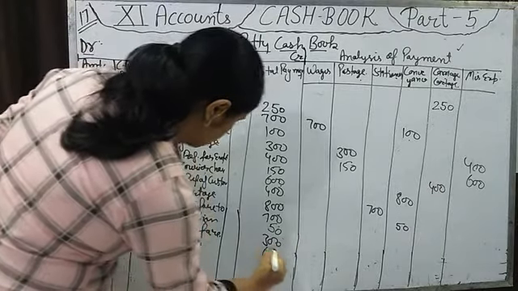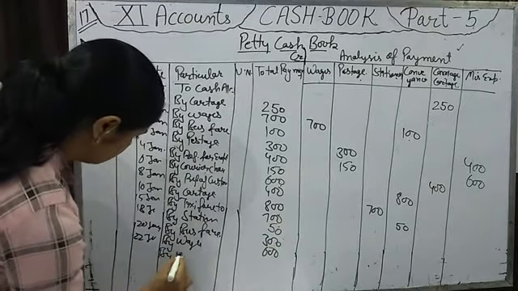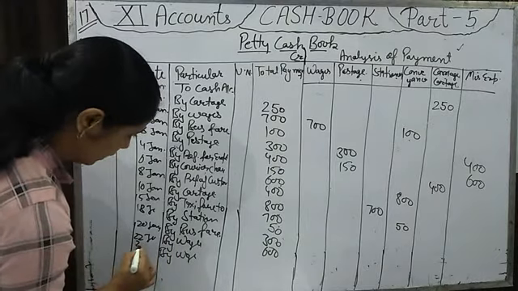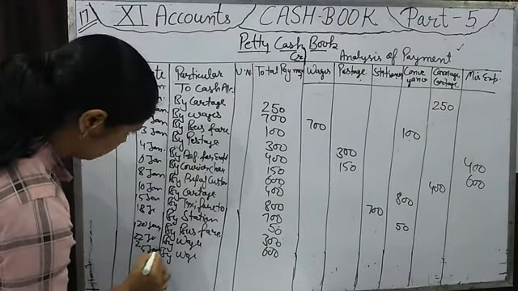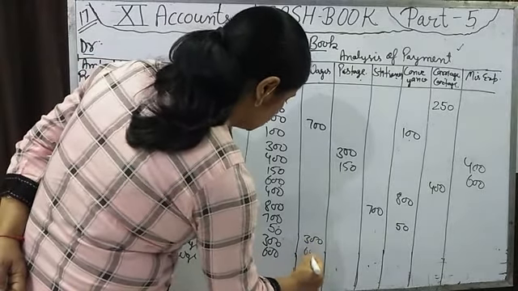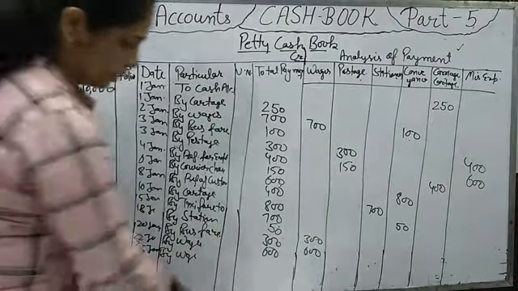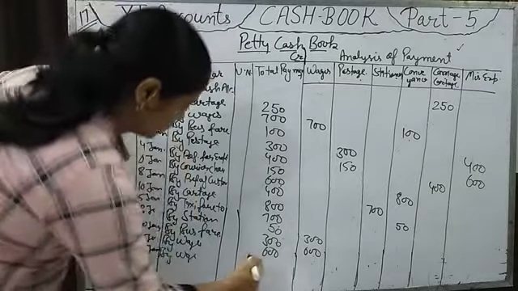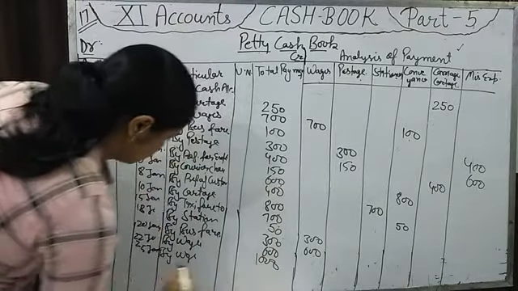Again 600 buy wages. It's on 25th Jan. Both we will write in the wages column also, 300 and 600. Now postage 1000. Buy postage.